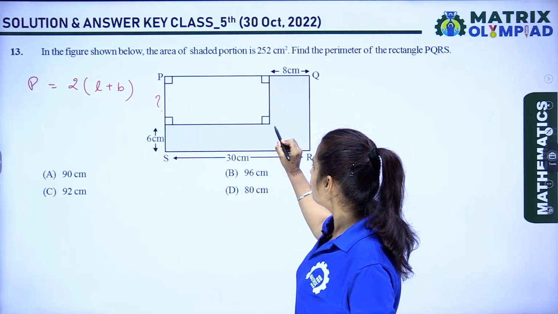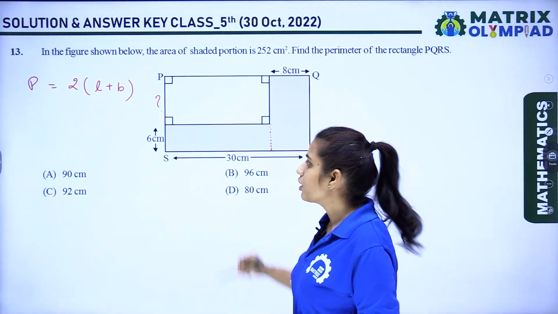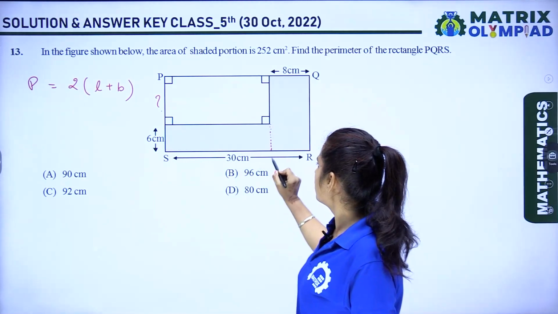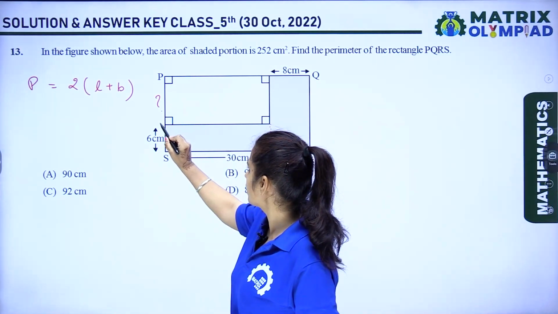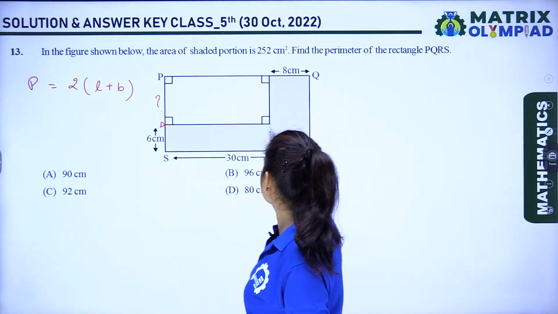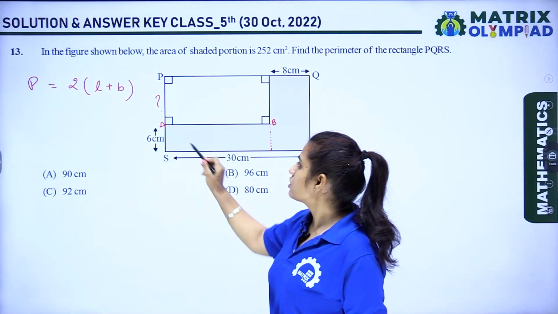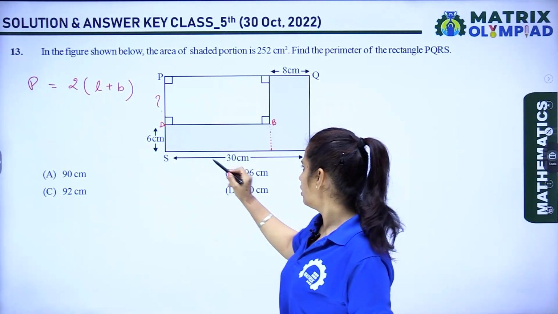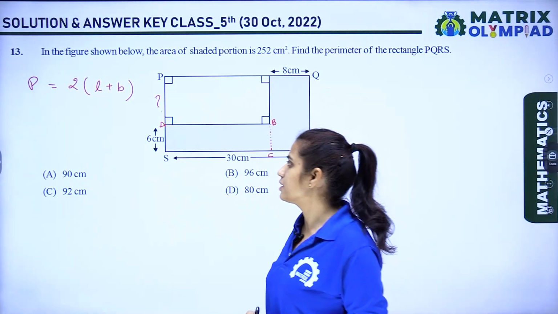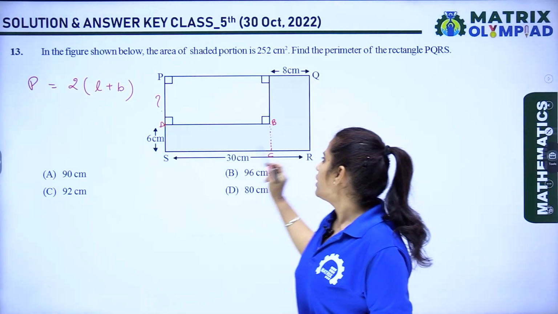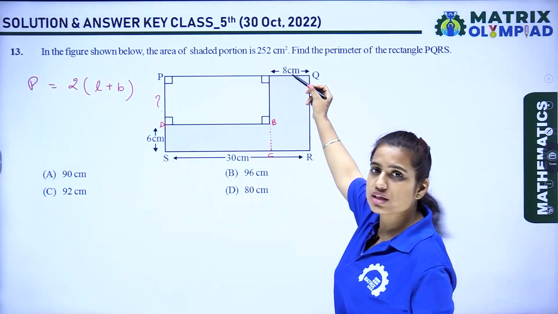Here we are going to make a partition in this shaded part. Now this is rectangle 1. Let's take a point A and let it be B. So here this is the first rectangle A, B, let it be C and S. 6 centimeter, 6 centimeter, this whole is 30, this is 8 centimeter.